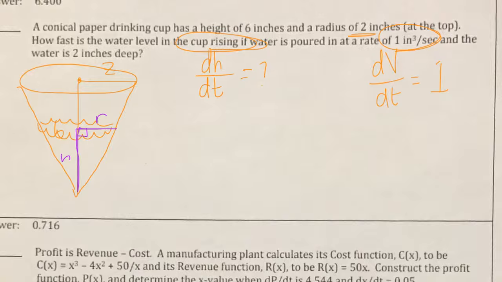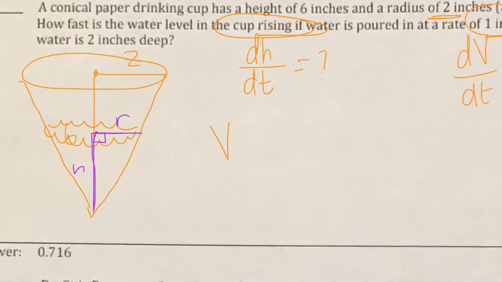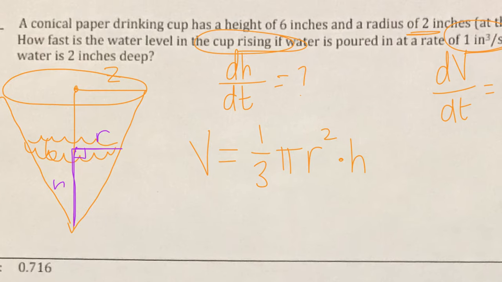Okay, so let's look at our formula for the volume of a cone: 1/3 pi r squared times h. Notice there are two variables here, a radius and a height, but we only want to know the height. So we have to figure out a way to replace our radius with the variable h.